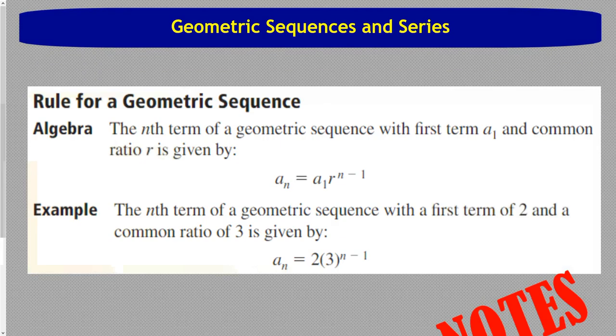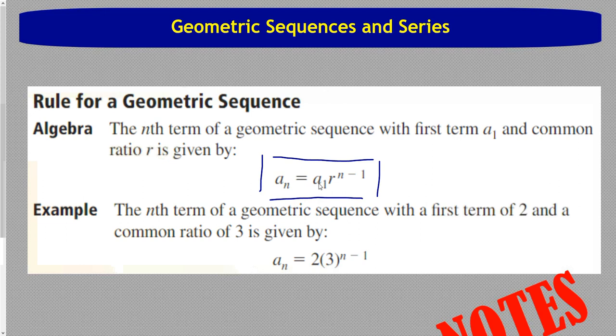Just like arithmetic sequences, we can write a rule for a geometric sequence to describe the pattern and find any given term. So this is what you're going to want in your notes for sure, this rule: a sub n is equal to a sub 1 times r to the n minus 1. A sub n means the nth term of the sequence, so any given term.